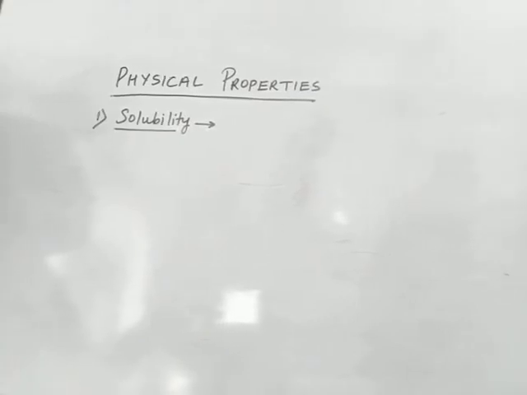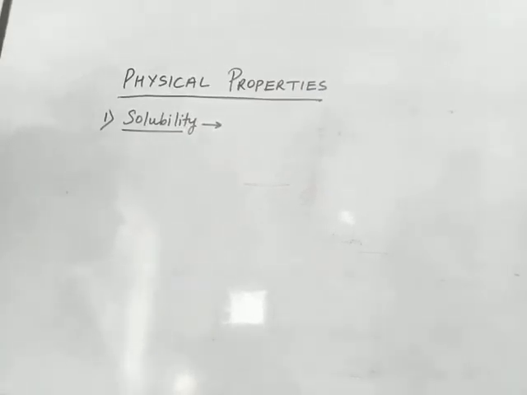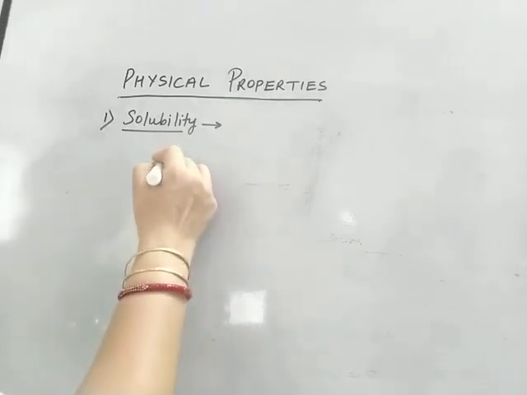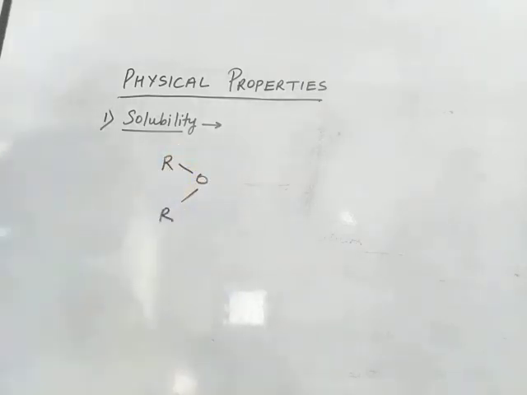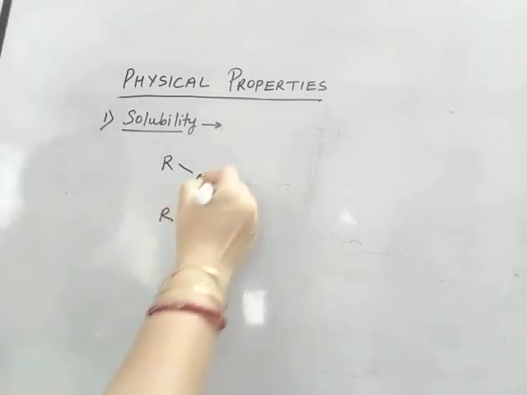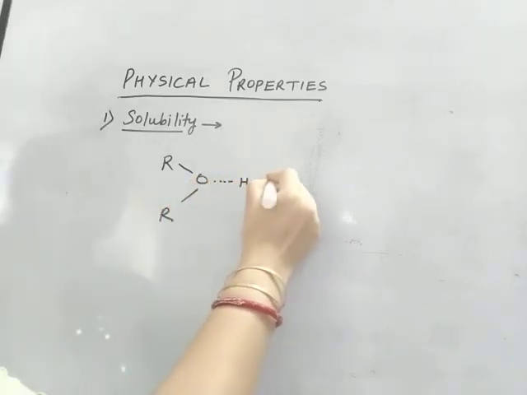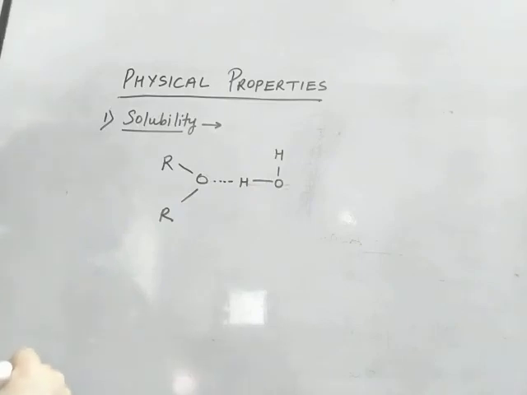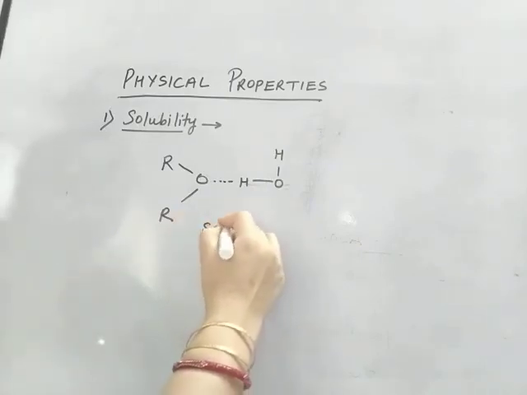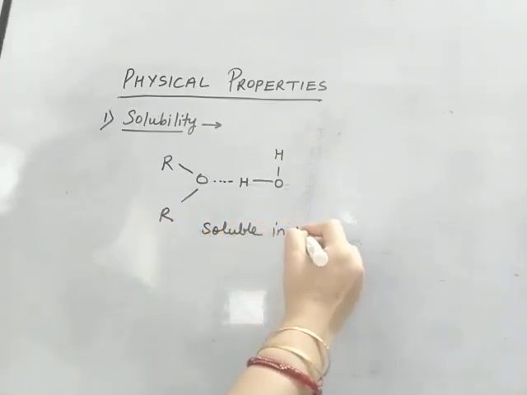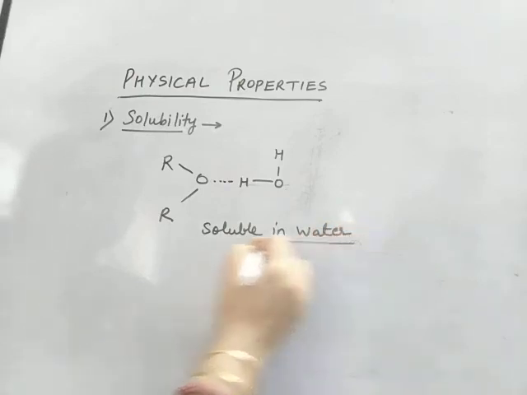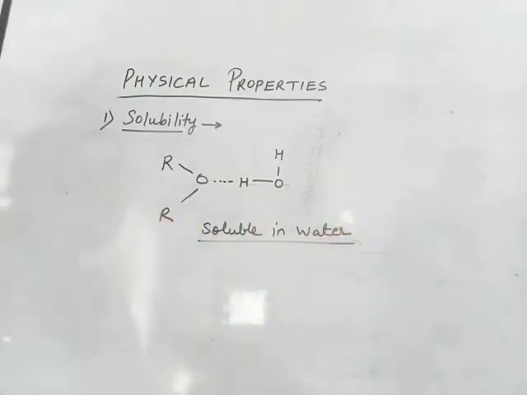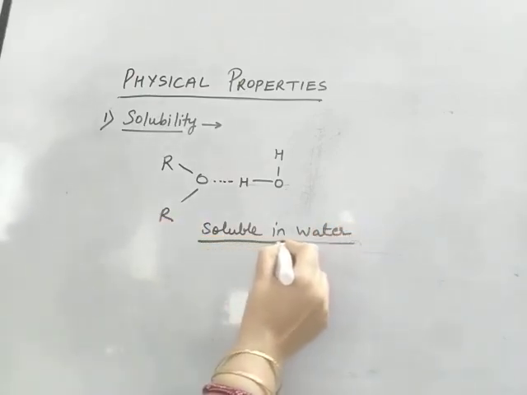Now let's discuss the physical properties. The first physical property that we generally discuss is solubility. Now ethers are like this, and since ethers can make H bonding with water, ethers are soluble in water. They are miscible in water because they can make hydrogen bonding with water.